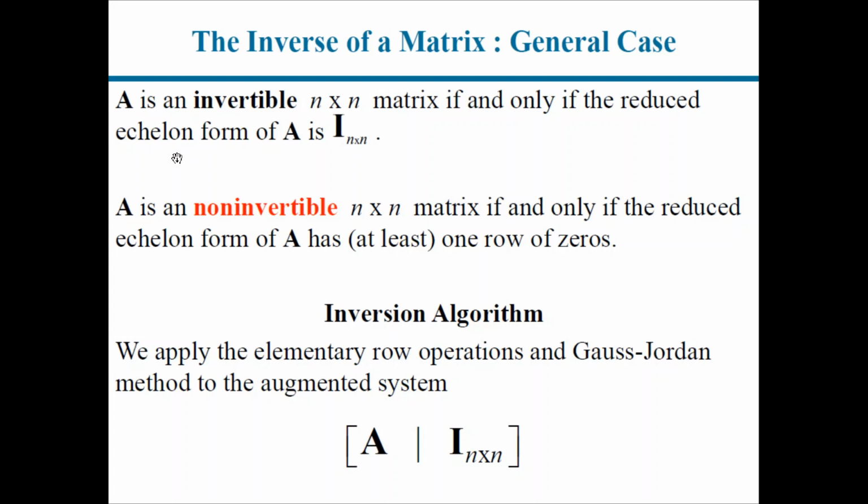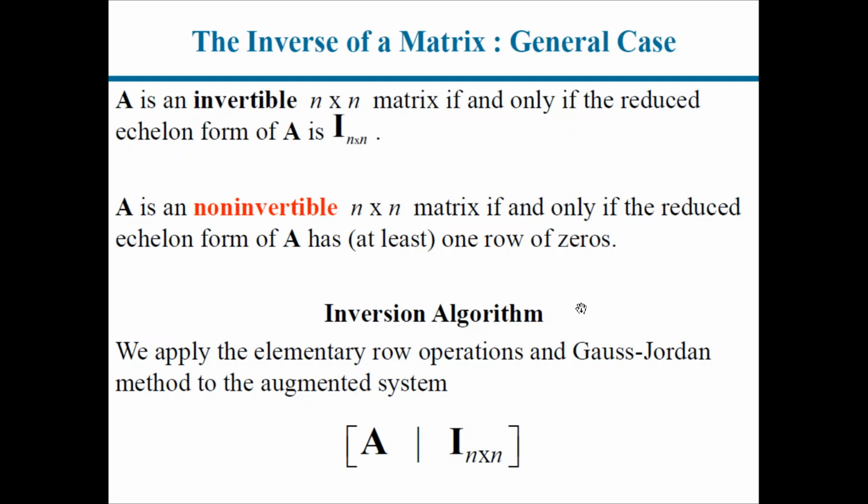Which also means that my matrix is not invertible if and only if its reduced echelon form is not identity, which means that we have at least one row of zeros. So this will be something that we will use very often, and I will show you examples.